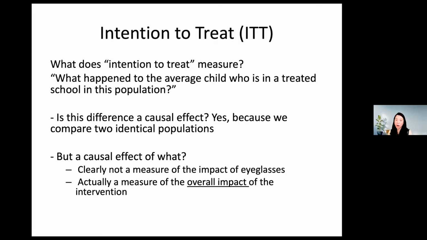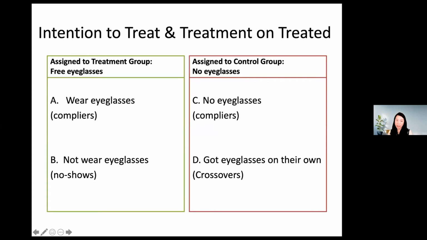It's still a causal effect because we're still comparing two identical populations. But I want you to think about what this is a causal effect of, right? It's not the true measure of wearing glasses.